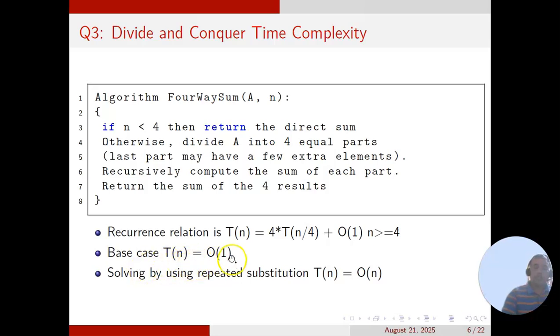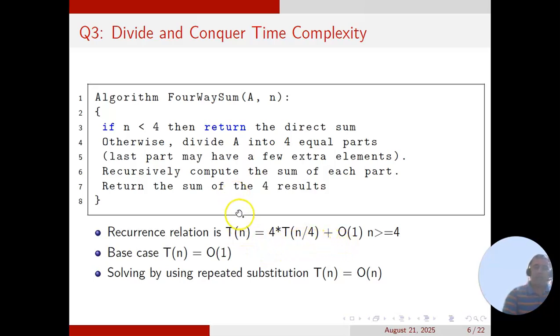That's why the base case is also order of 1. Now if we solve by using repeated substitution, we will get T(n) as 4^k T(n/4^k) plus k.